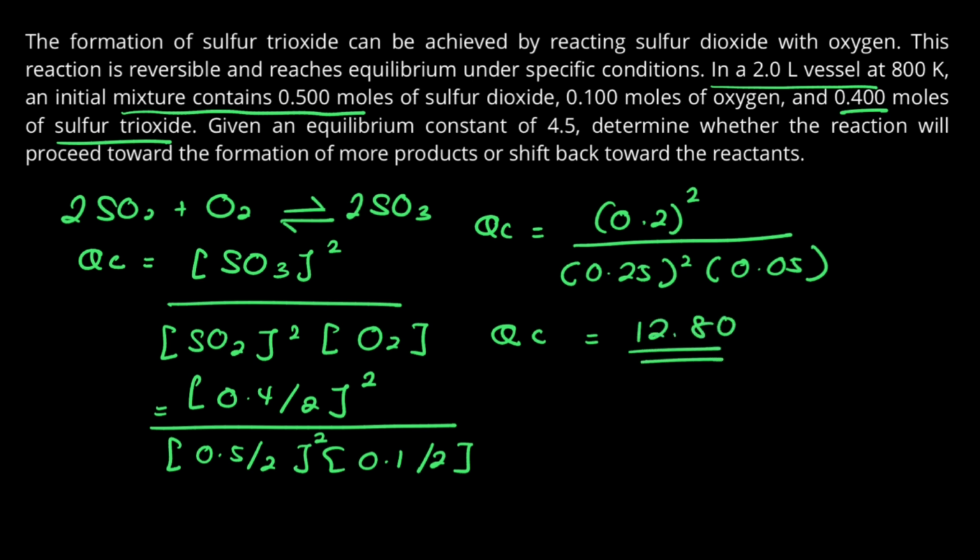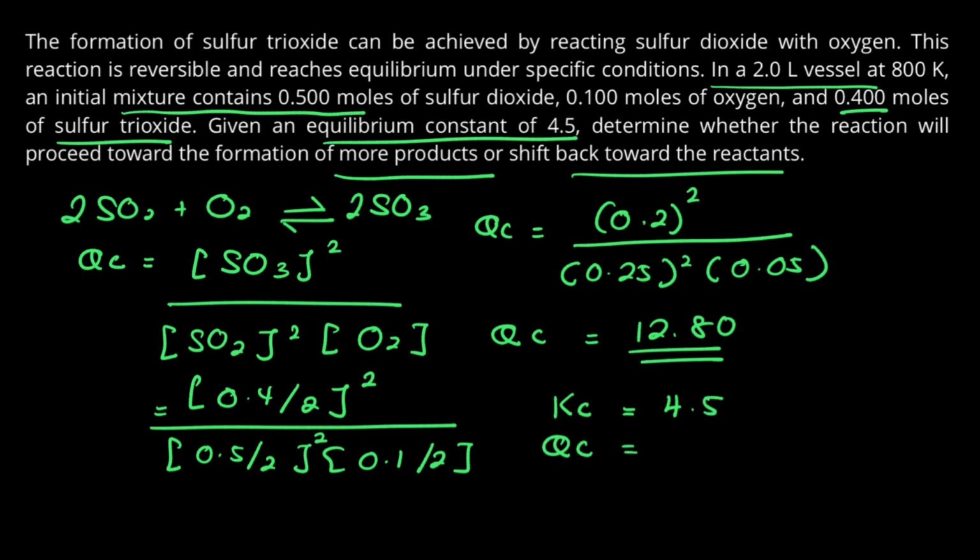12.80. So the question asks whether it's going to move to produce more product or shift towards the reactant. Given to you the equilibrium constant, which is the Kc, is equivalent to 4.5, and your Qc is 12.80.